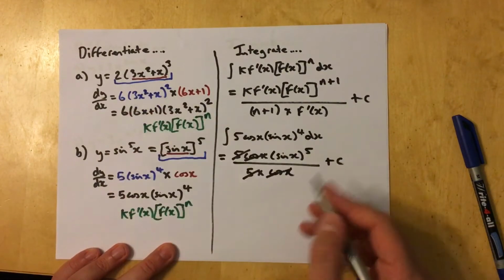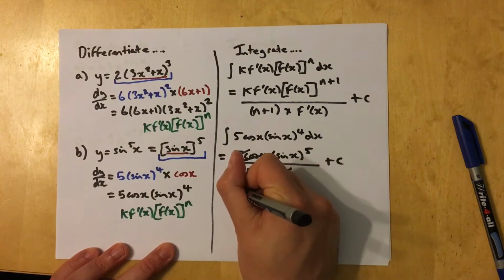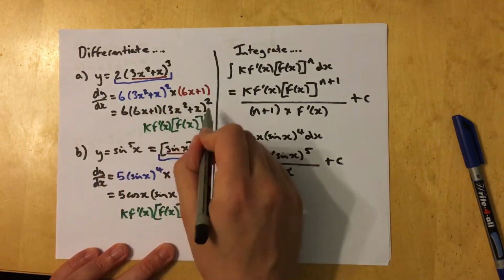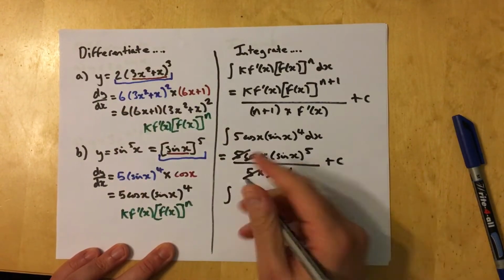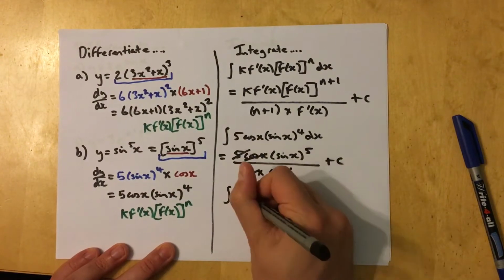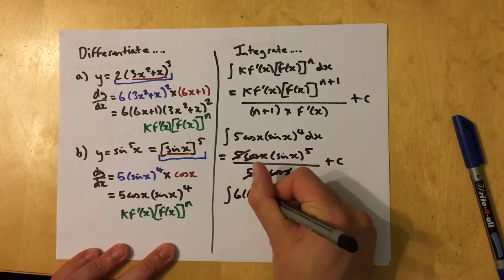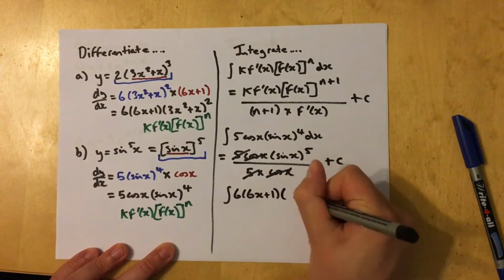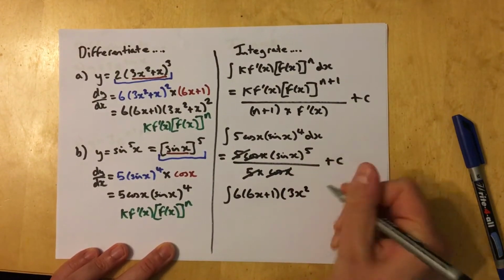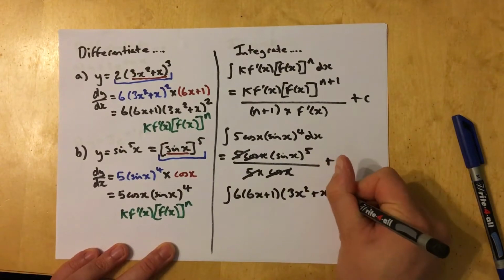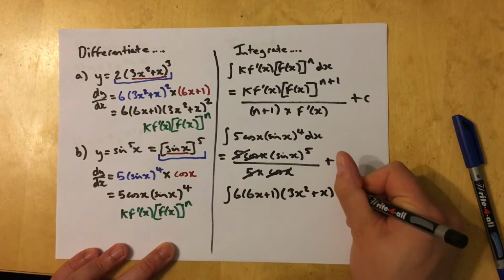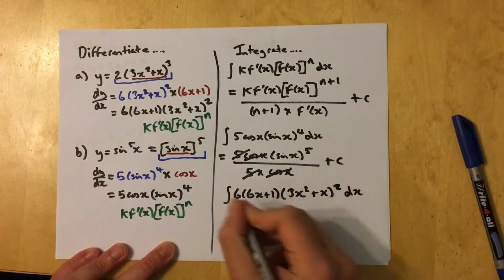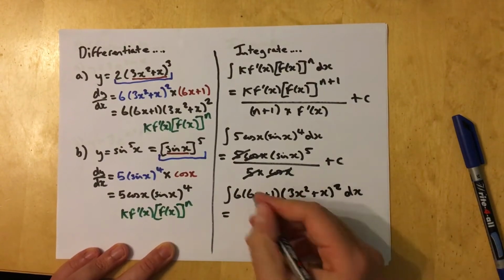So let's just check this one as well. Again, we're going to start off with our answer and show that if we use this method, it gets us back to that. So what we've got is 6 lots of 6x plus 1 and 3x squared plus x, squared, dx. Okay. We're going to leave everything alone.